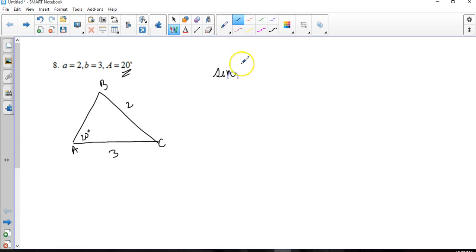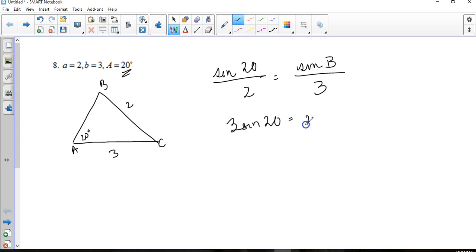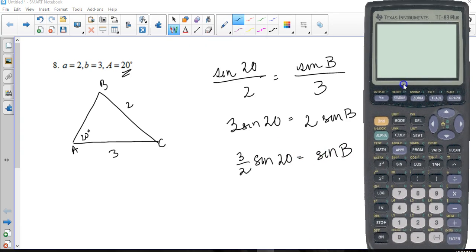So I'm going to start and say sine of 20 over 2 equals sine B over 3. So 3 sine of 20 is equal to 2 times sine of B. Divide off this 2, I got 3/2 sine of 20. That's equal to sine of B. Calculator.